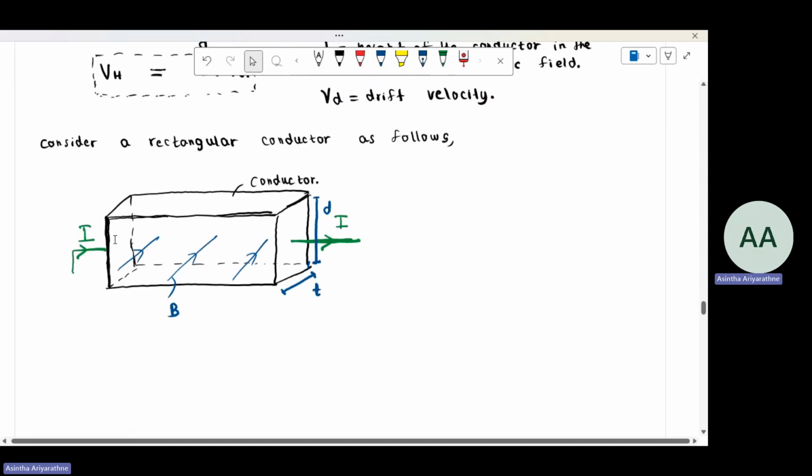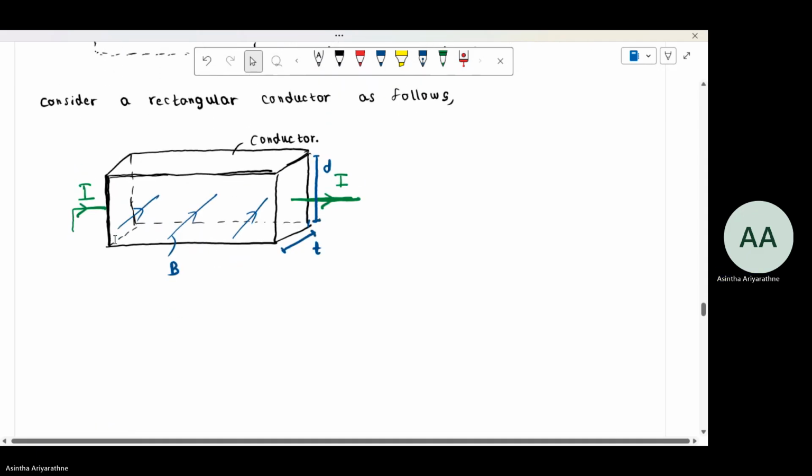If we consider electrons, the current flows towards the right, and the electron flow is in the opposite direction.